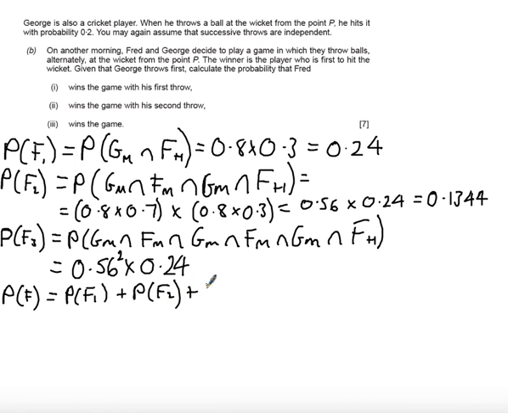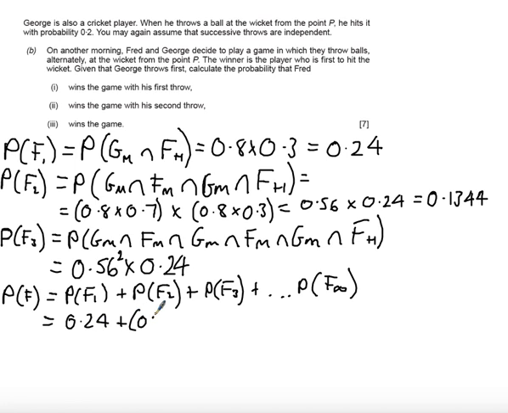Or he could win on his third go, so that's a probability Fred wins on his third go. Or he could win on his infinite go.